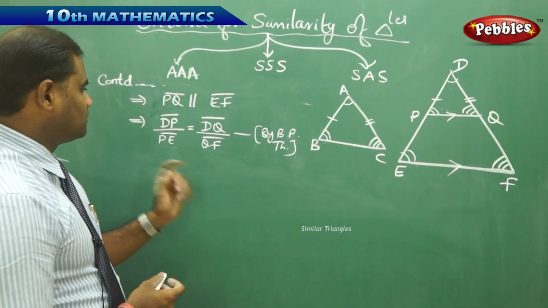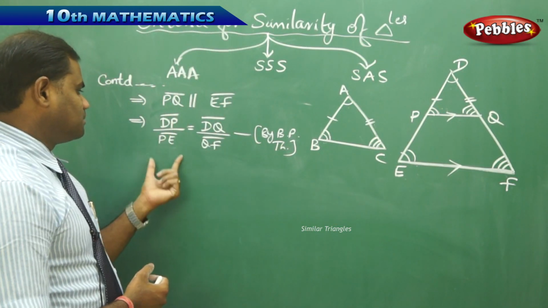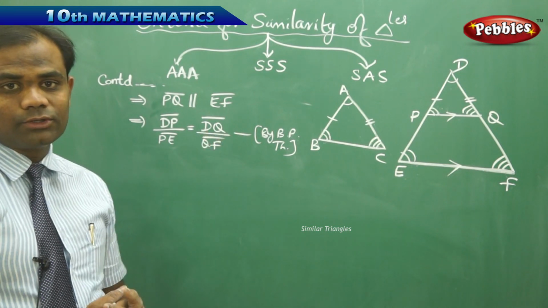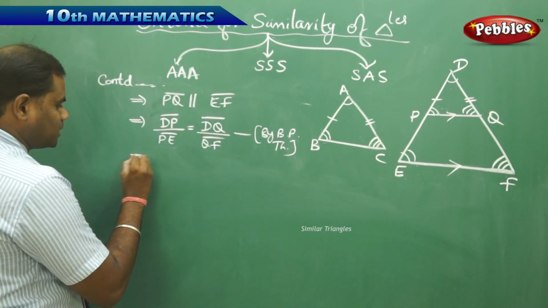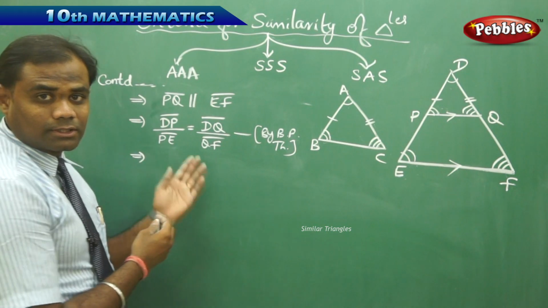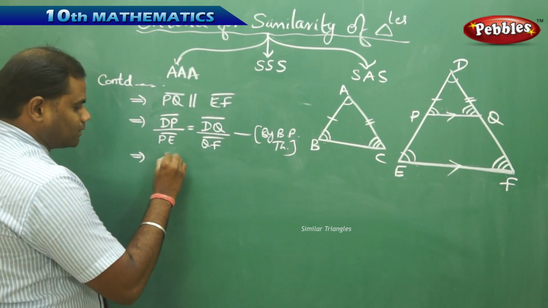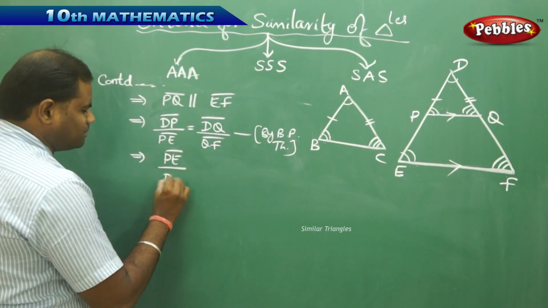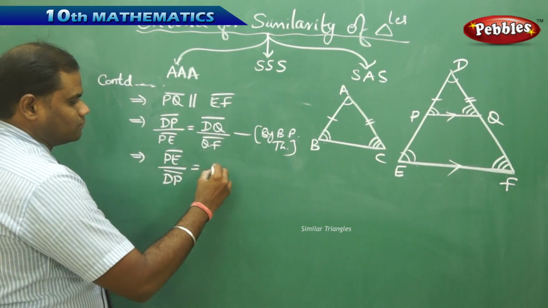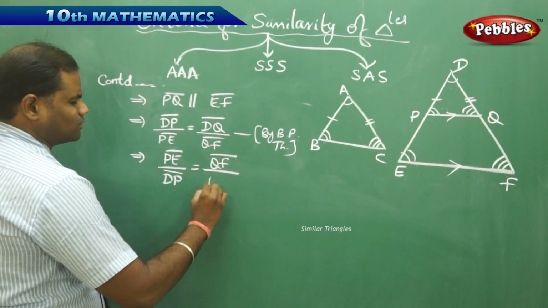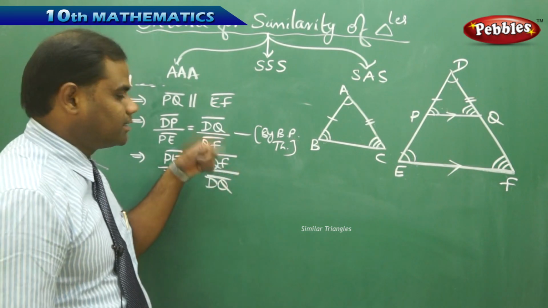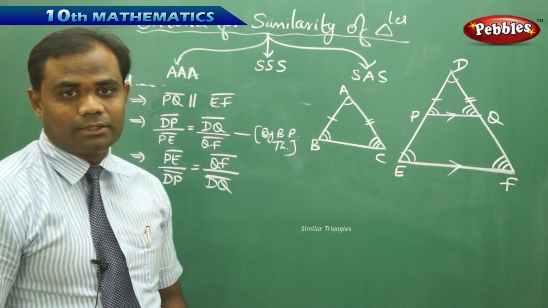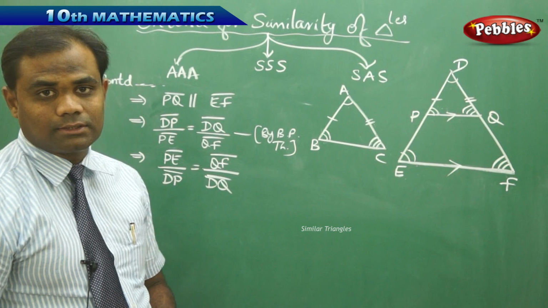So I get, by the basic proportionality theorem, dP by PE is equal to dQ by QF, so that on interchanging the numerator and denominator, I can remodify the fraction as PE by dP equals QF by dQ, maintaining the equality to be the same.